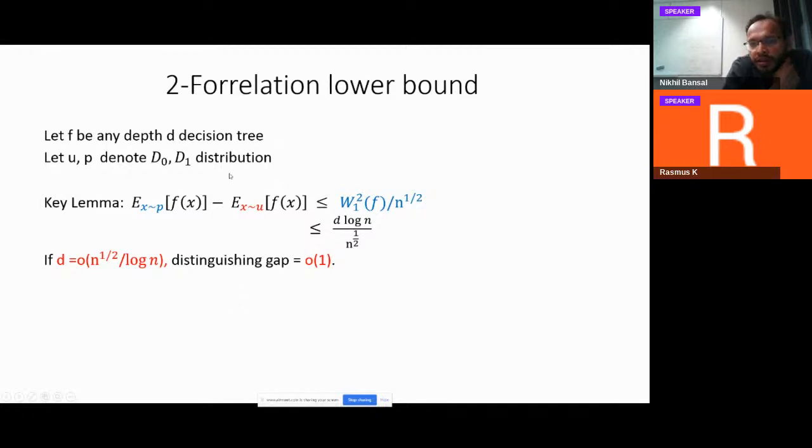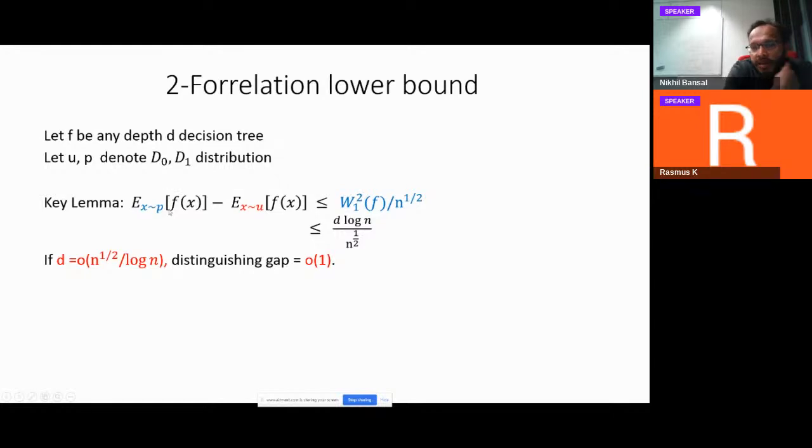Okay, so what have we achieved so far? Our goal is that if you have a function given by a depth d decision tree, and we have these two distributions D0 and D1, we want to show that if you take a sample from D1, which I'll call p, and another sample from D0, the uniform distribution, and this expectation difference is small, then f cannot distinguish between these two distributions.